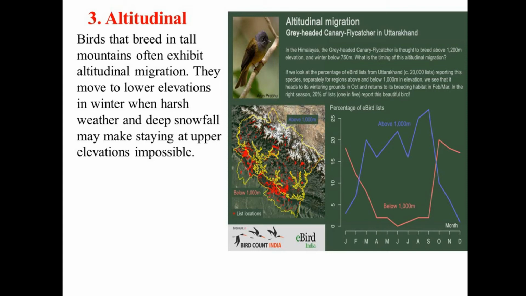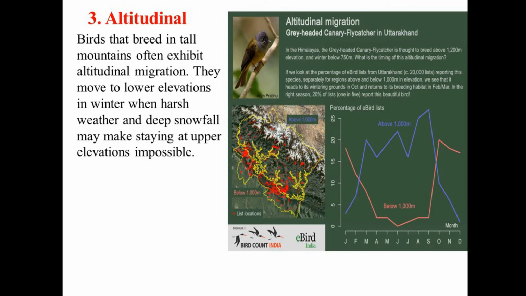In this example, the grey-headed canary flycatcher in Uttarakhand is shown, where it is thought to breed above 1200 meters elevation and winter below 750. What is the timing of this altitudinal migration?